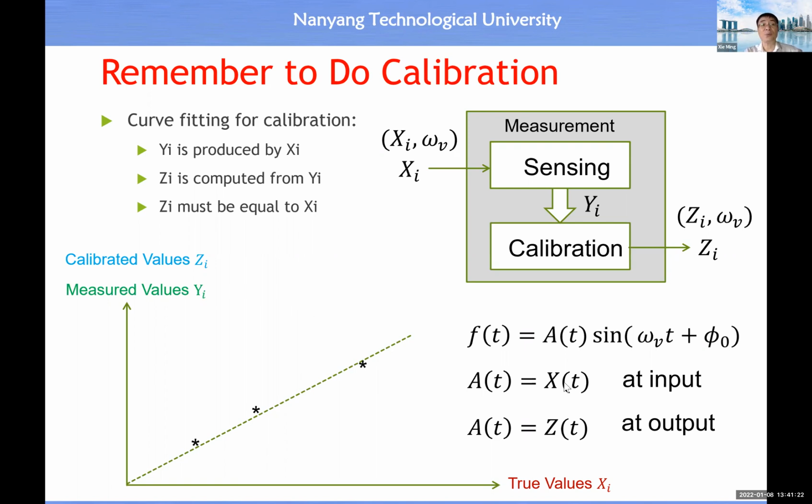During calibration, you can put in a vibration signal with the same frequency but different amplitude, and then you see the response from your sensor. Then at the output side, this corresponds to Z. This is some special attention for you to know.